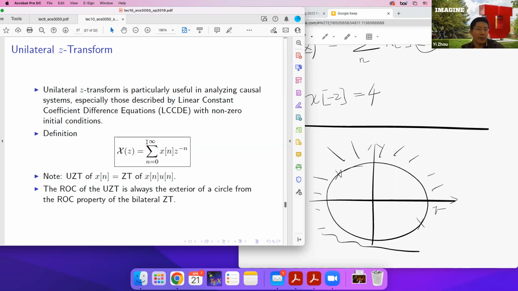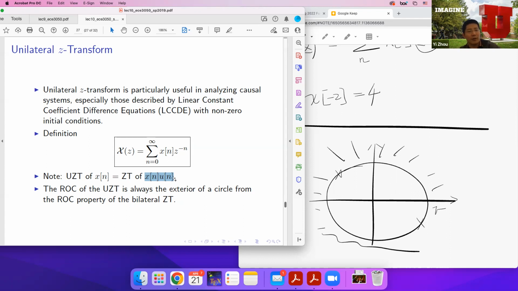And because of this definition, the ROC of the unilateral Z transform is always extending outwards, because it can be understood as the Z transform of such a signal. And this is a right-sided signal. And by the property, we know that a right-sided signal has an outward ROC.